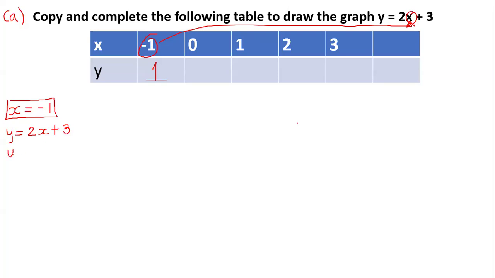So y is equal to 2 open bracket. Instead of putting x, we're going to put -1, right? Plus 3. What is 2 times -1? -2. Very good. And -2 plus 3 gives you 1. So y is equal to 1.